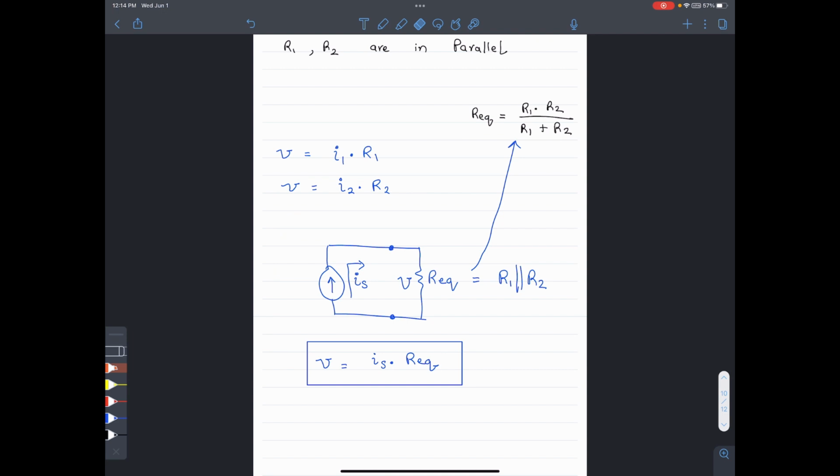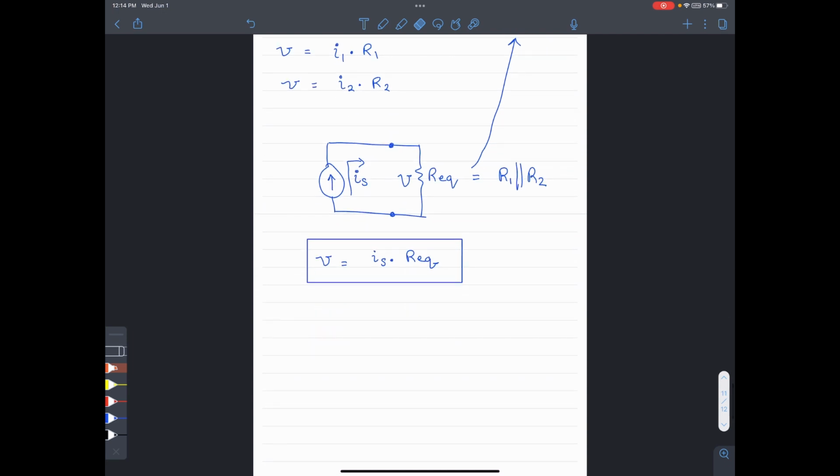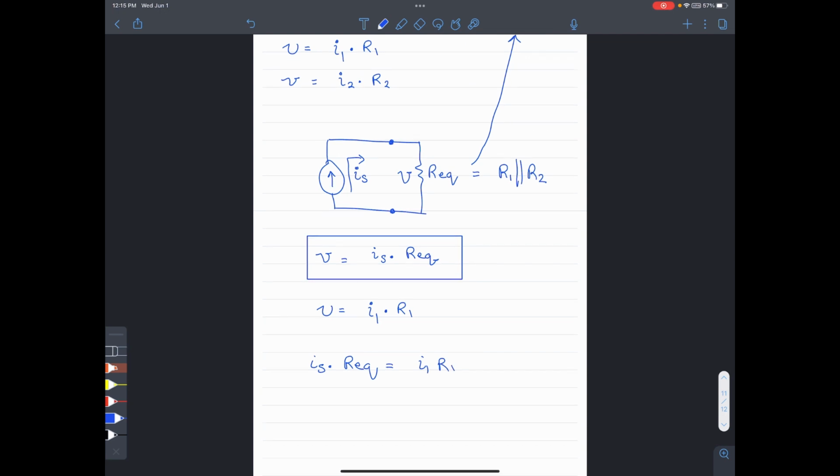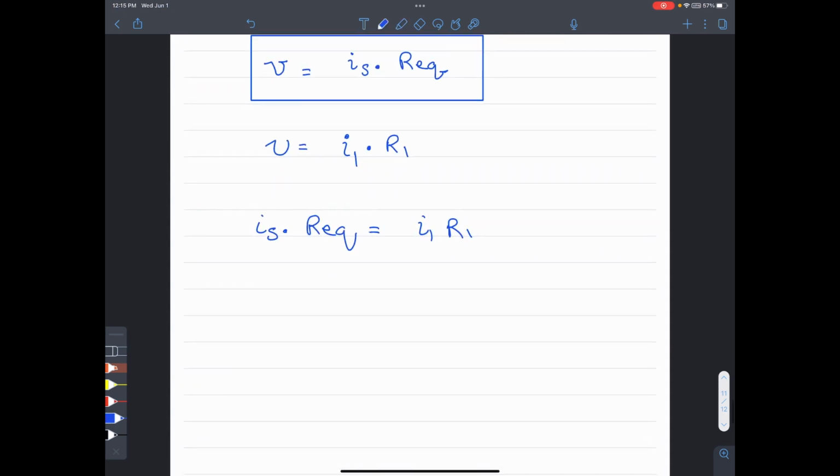Let's start with this equation first. I'm going to copy it, and in place of V, I'm simply going to replace it with Is times R equivalent. So simply put, Is times R equivalent is I1 times R1. Why are we doing this? Because remember, we started out by saying that we want to get an expression for I1.